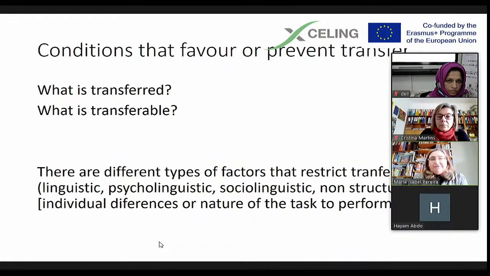And there are different types of factors that restrict transfer or that promote transfer. Linguistic factors, for instance, psycholinguistic factors, sociolinguistic factors, non-structural factors such as individual differences like age, like social group, or even the nature of the task to be performed by the learner. It can restrict the process of transfer also.